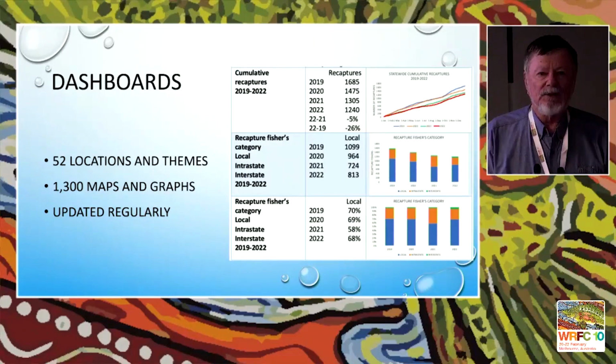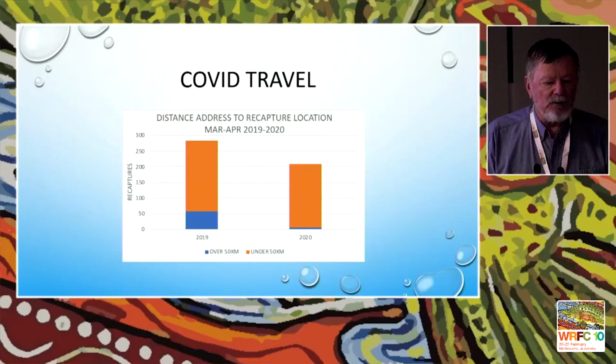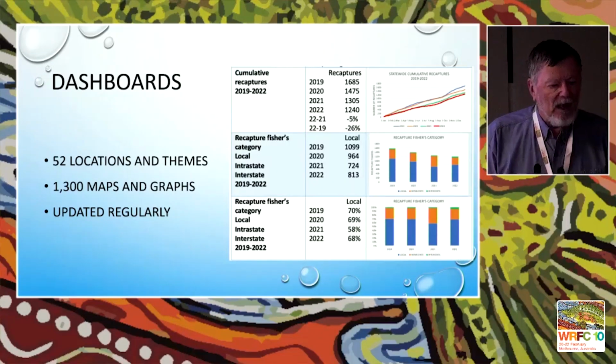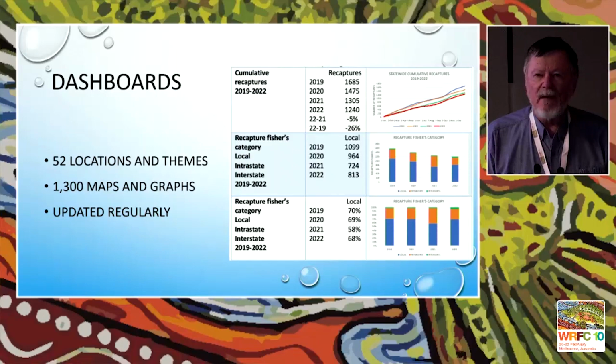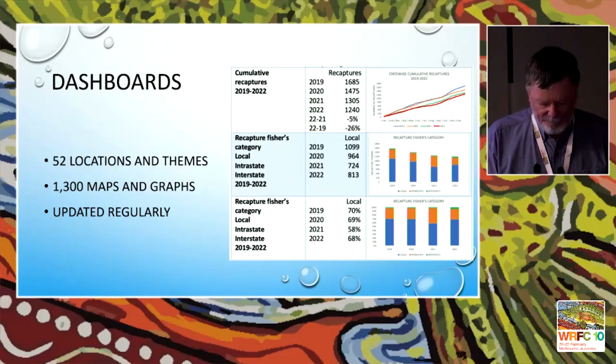It'll be a river system, a regional area, or an estuary, or an impoundment. With those dashboards, we have 1,300 maps and graphs that we keep updating pretty regularly. So there's one hell of a lot of data that's available through those dashboards.